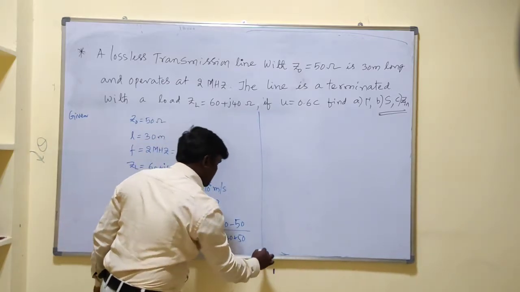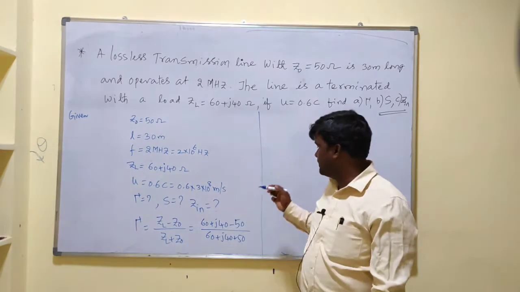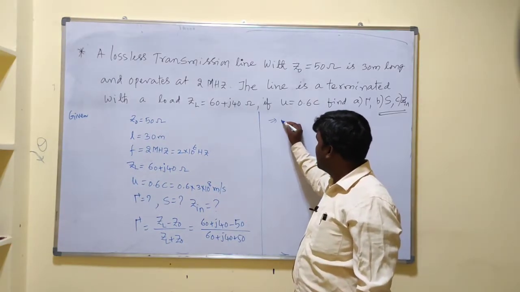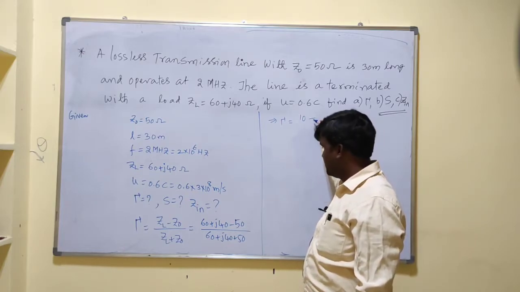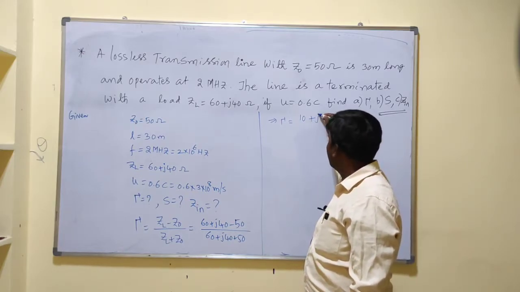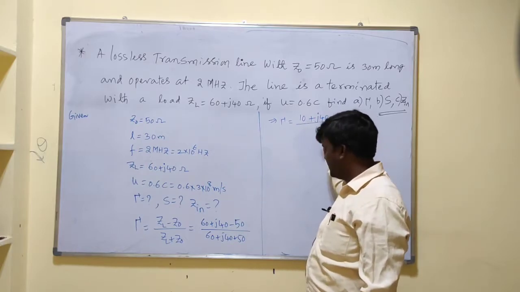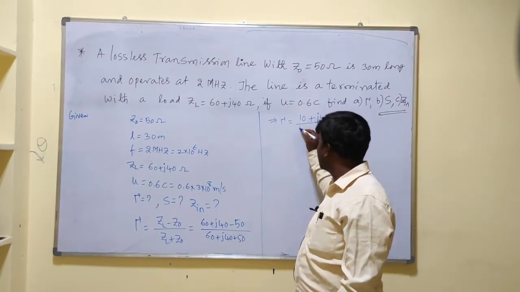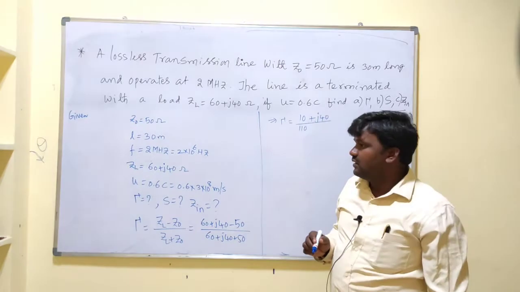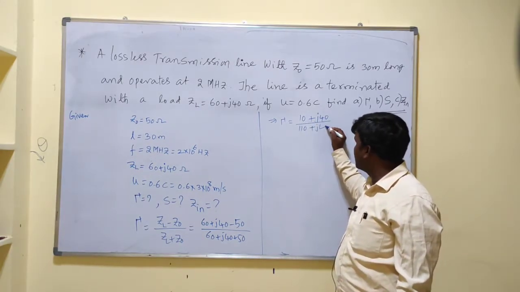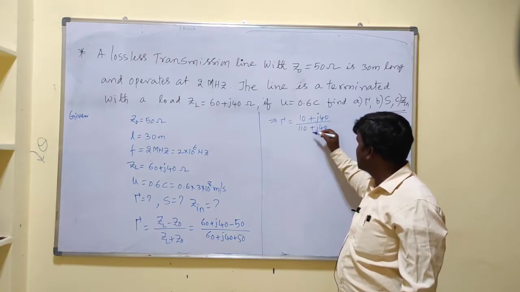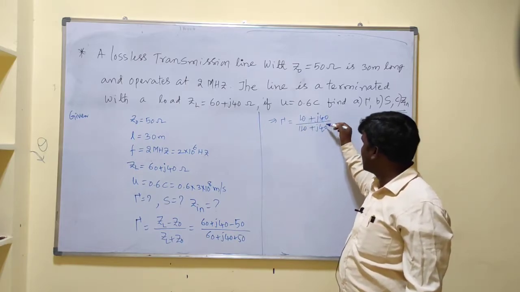Then gamma equals 60 minus 50, that is 10 plus j40, over 60 plus 50, that is 110 plus j40. Don't cancel like this, the 10s and the 40s.